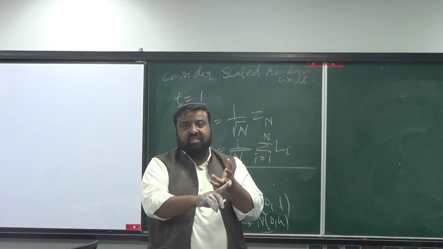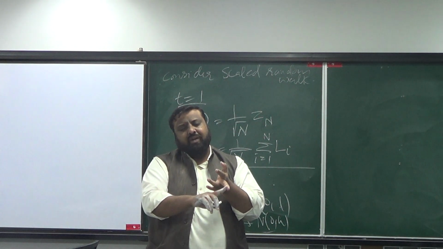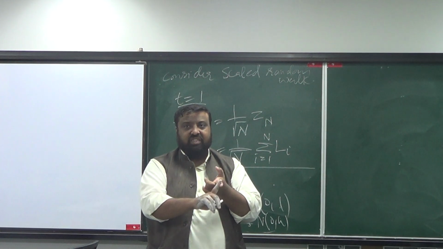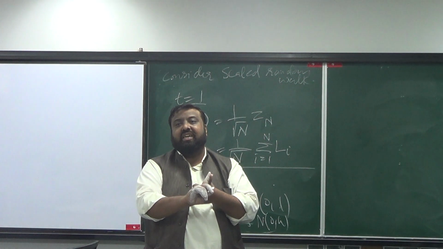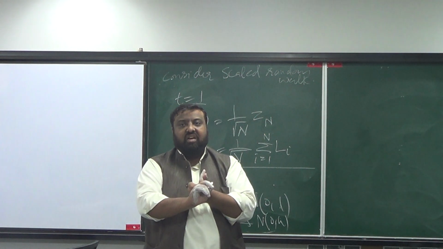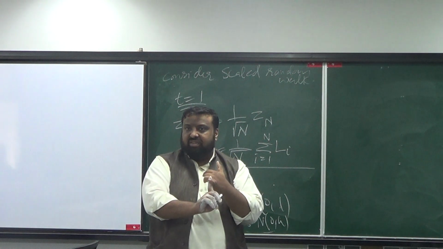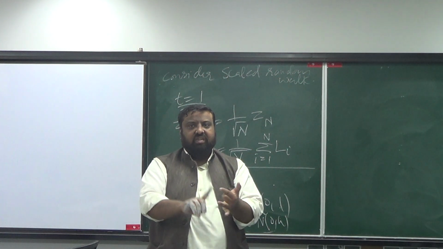Its expectation is 0, variance is 1, and it converges in distribution to, or it has a distribution in the long run that is the standard normal distribution. How about a scaled random walk? The same, starts from 0.